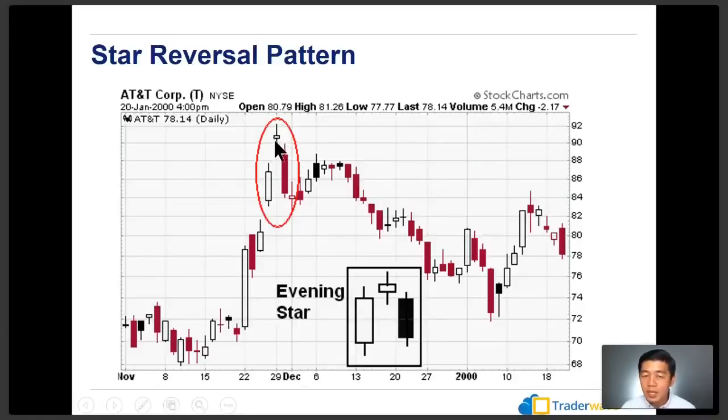You will notice that the second day's candle did not overlap the first day's candle's body at all, not even the shadows. And then on the third day, it opens lower and closes even lower, and the whole body of the third day's candle did not overlap any of the second day's candle's body at all. So this is how we establish what we call an evening star reversal pattern.